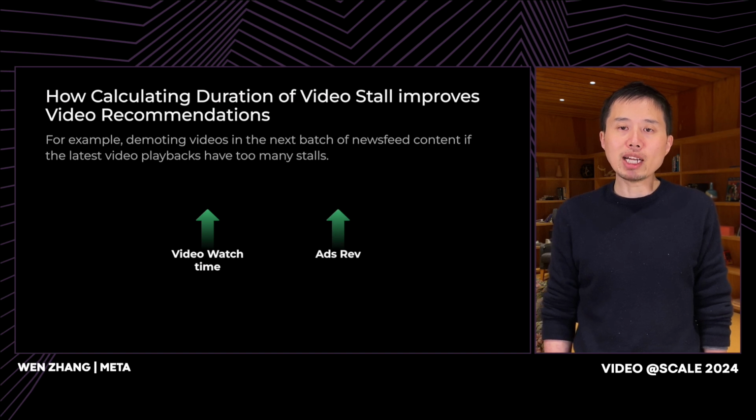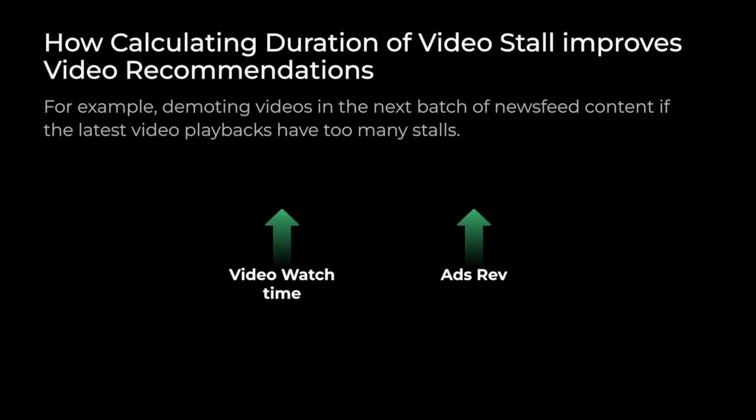We have been actively testing stall signals in several products in Meta. We observed users' quality of experience has been significantly improved in terms of stalls and resolutions, and also engagement and ads revenues have increased as a result.